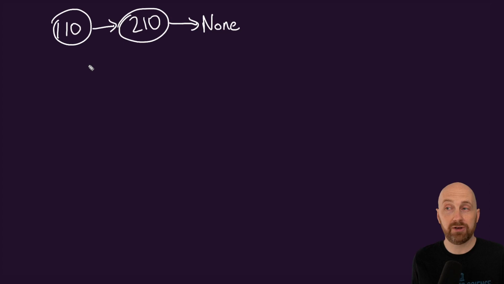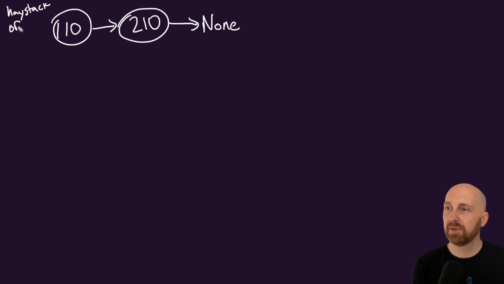Each of these are node objects. So I might label these as my haystack. We're going to be implementing a search algorithm here, and we're going to be searching in a haystack. So this will be our haystack of node objects. All right, so this is our linked list.